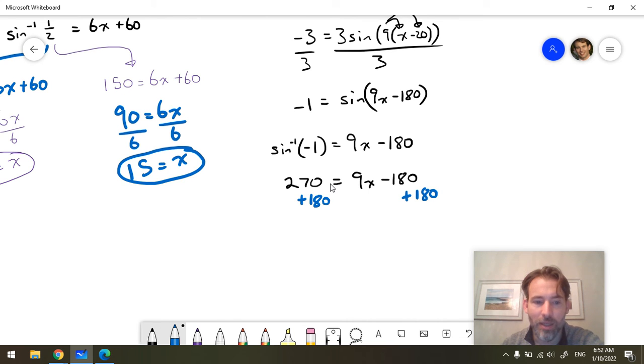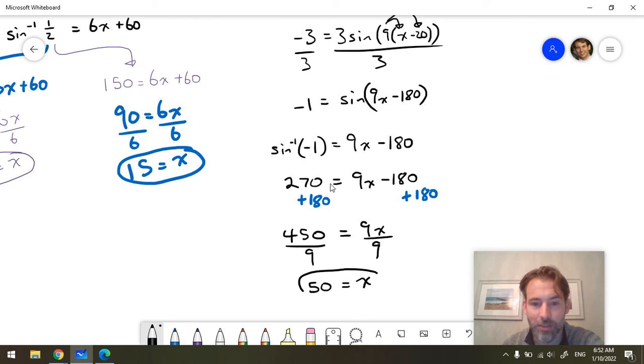All right, and that will give us 270 plus 180 gives us 450. Isn't that nice that it divides nicely by 9? Equals 9x. Now divide both sides by 9, and that will give you 50. 50 equals x. All right, and then we could add the period to create an infinite list of solutions.